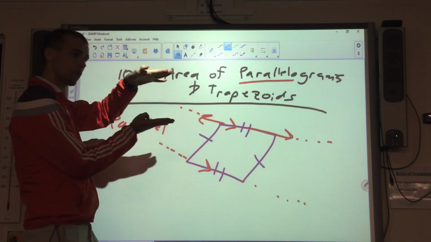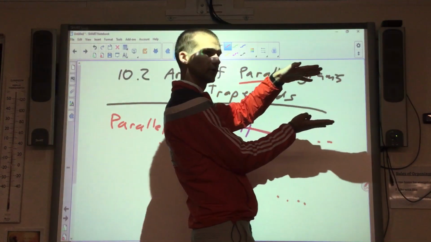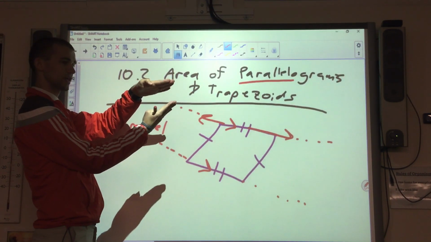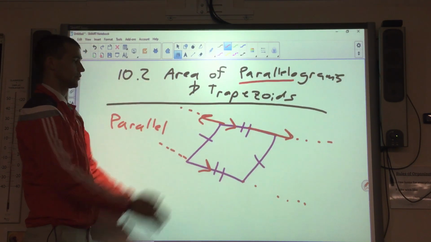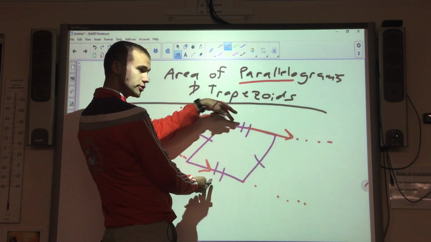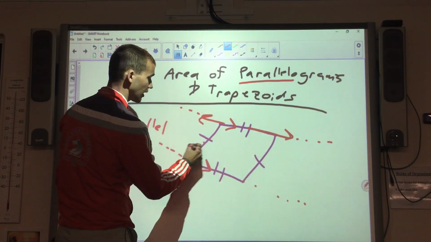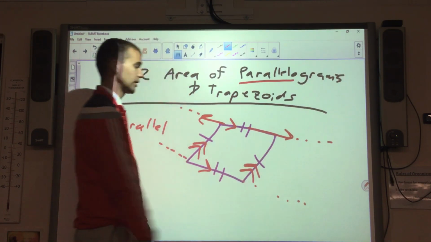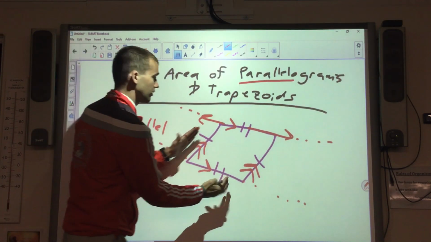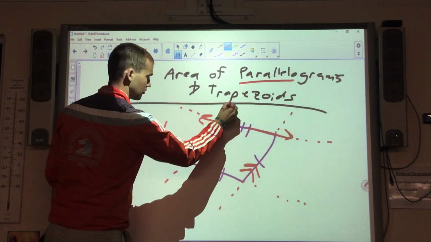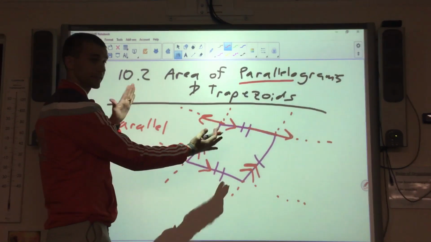They're not at an angle, with one of them straight and the other at an angle. They're both parallel to each other. So a parallelogram means opposite sides are equal to each other, and both sides are also parallel to each other. You can keep on extending these either way, and they're going to be fine the whole time.